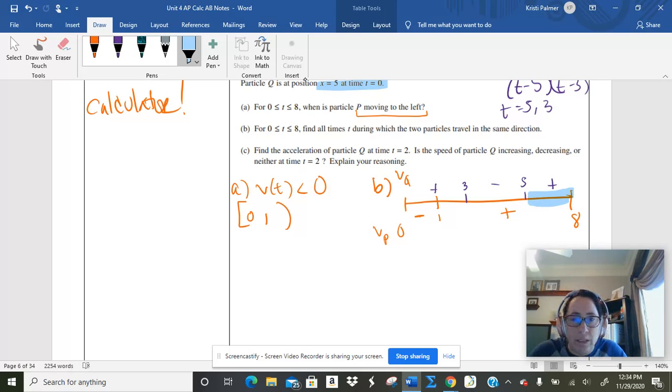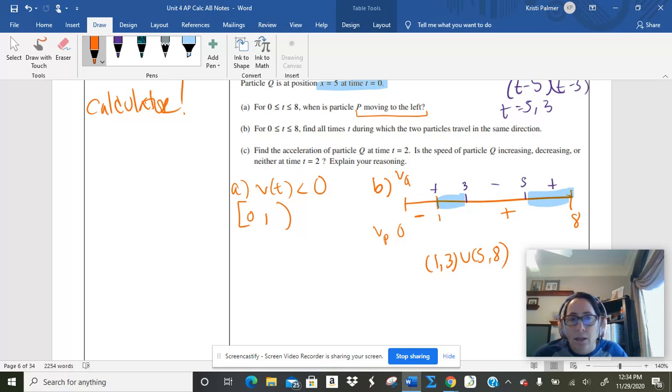I don't see, oh, I do see another place where they're both positive. It looks like they are never negative at the same point. So this is from 1 to 3 and 5 to 8. You may want to pause, slow it down, and rewatch that piece and make sure you understand it. Ask me a question if not.